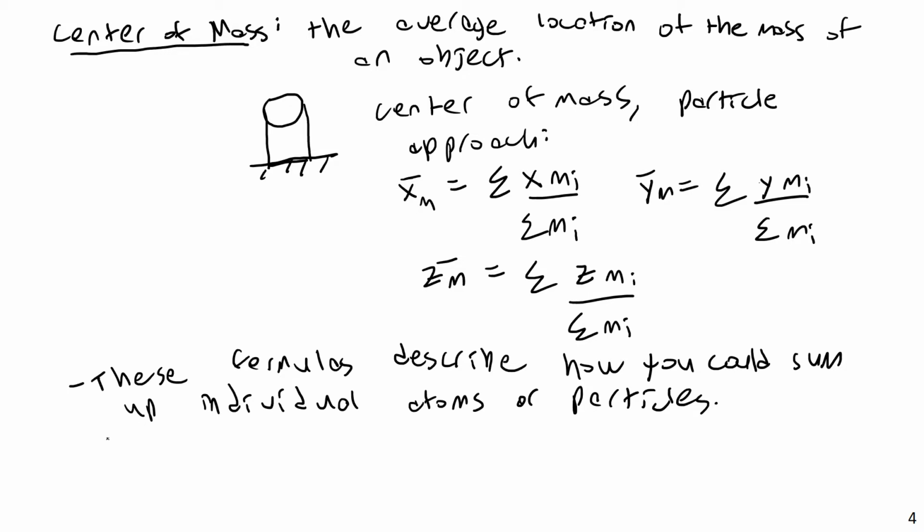You're dealing with approximately 10 to the 23rd, maybe a couple orders of magnitude up or down, and trying to calculate all those with even the most powerful supercomputer on Earth, let alone by hand, would be impractical to say the least. But really, when we do integration methods, it's just a continuous and simplified form of this.